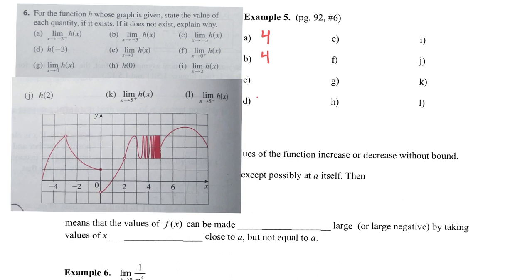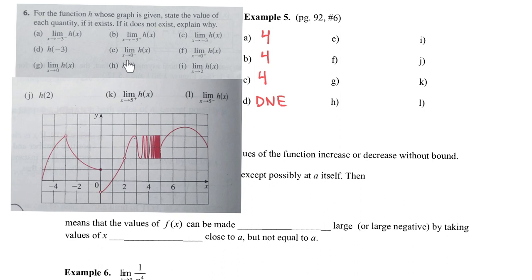So the answer for the two-sided limit is 4. Part D says, what is h of -3? Well, there's a hole in the graph, which means that the function is not defined there. So for part D, h of -3 does not exist, or is undefined, however you want to say it.